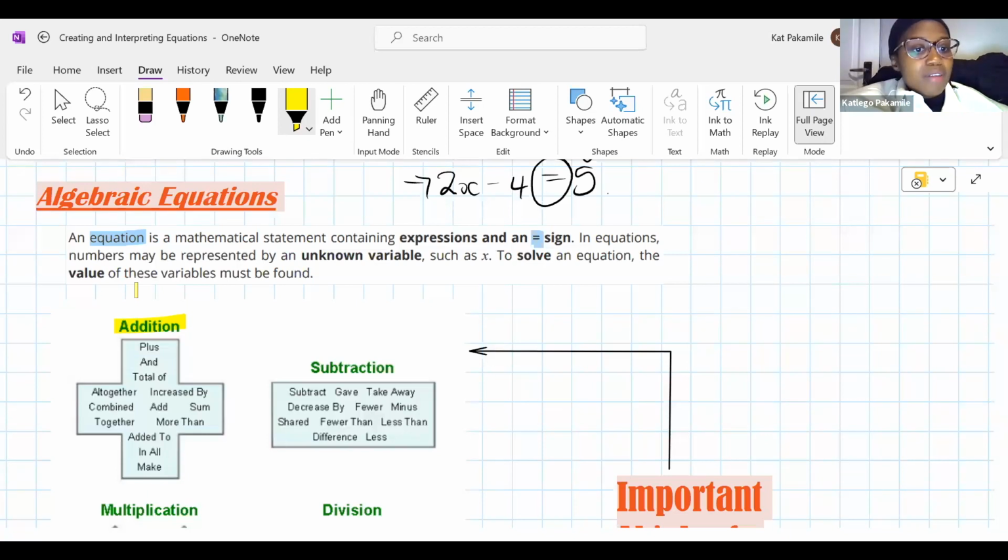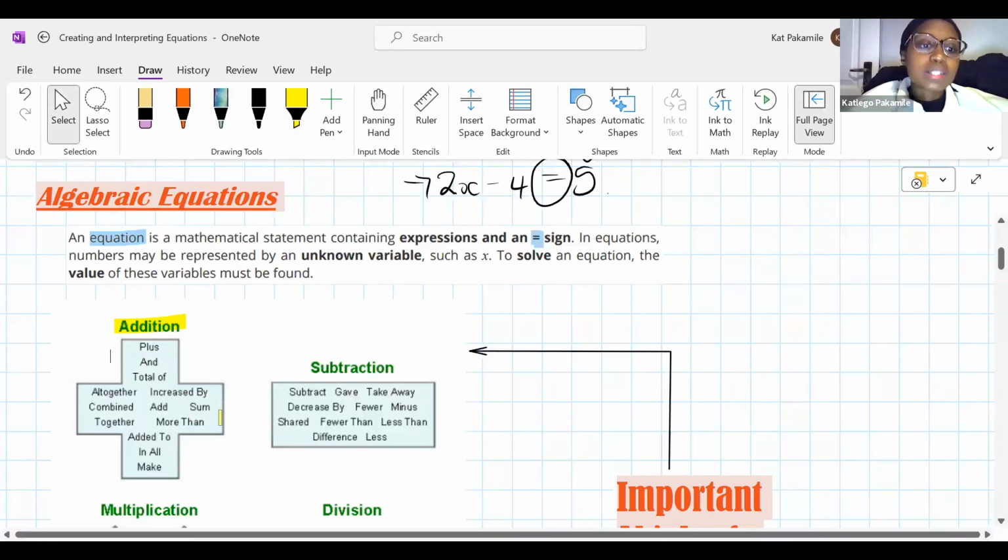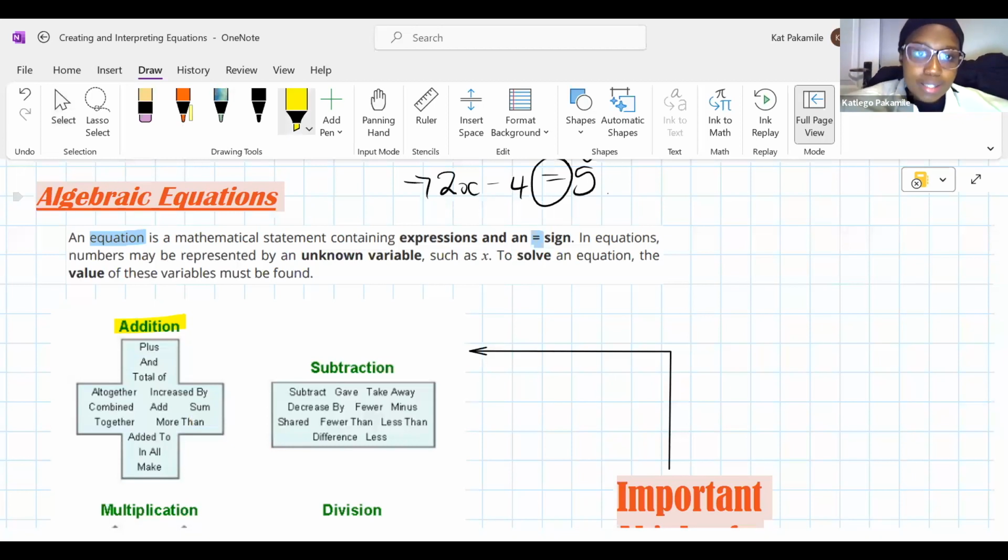If I say something plus something, or apples and bananas, that would be adding them, or the total of, or the dogs and cats all together, increased by, sum, more than, added to, make, combined. All of these are associated with the addition symbol.